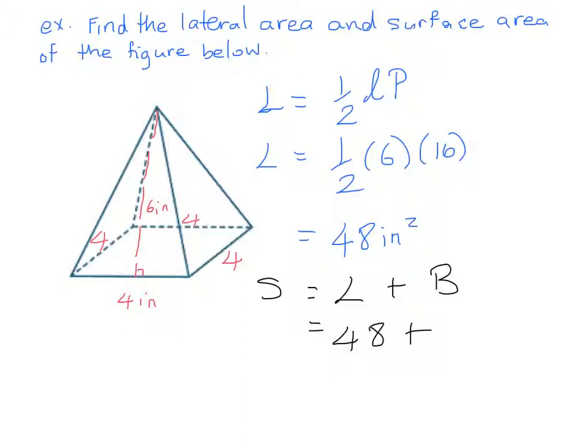And fortunately for us, this is just a square. And you know that the area of a square is base times height. So our base is 4 and our height is also 4. So that means that the surface area of this figure is going to be 64 inches squared.